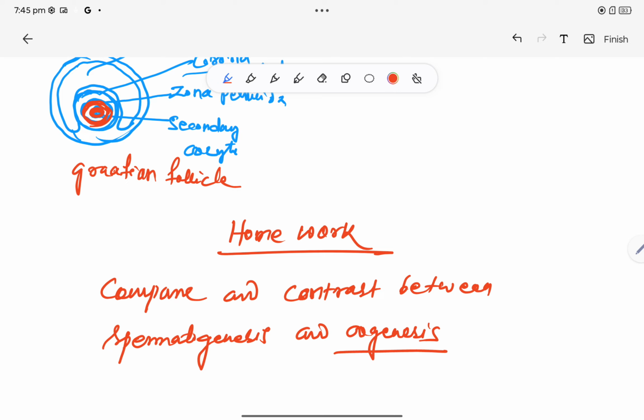Oogenesis is much more complicated whereas spermatogenesis is very simple. So you have to compare these two and also contrast them. Write down everything point-wise.